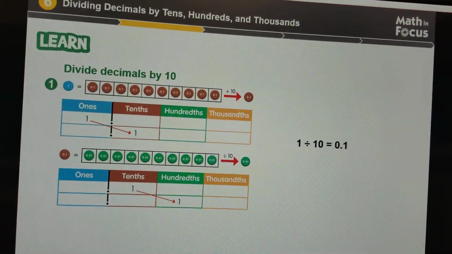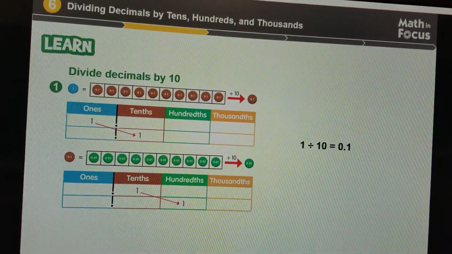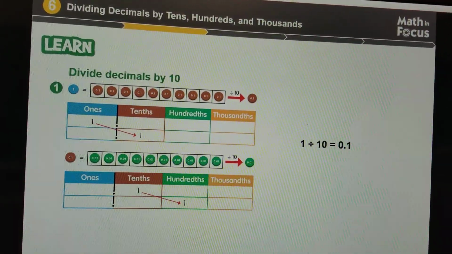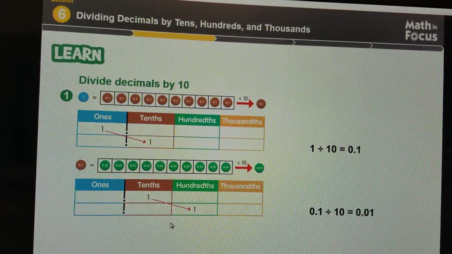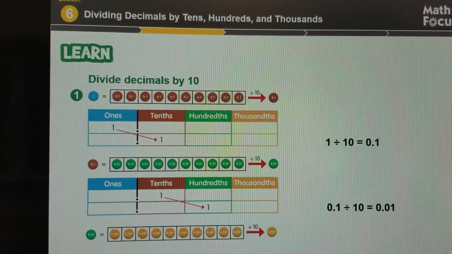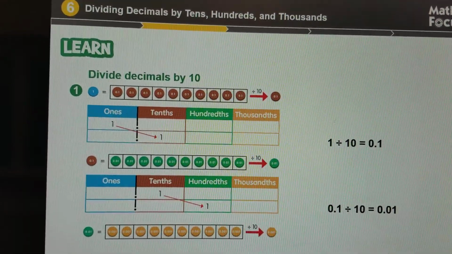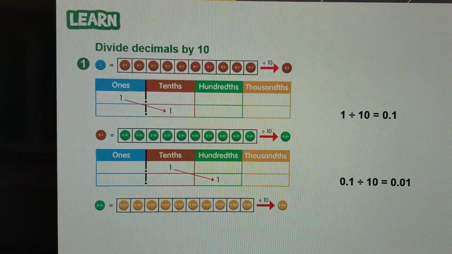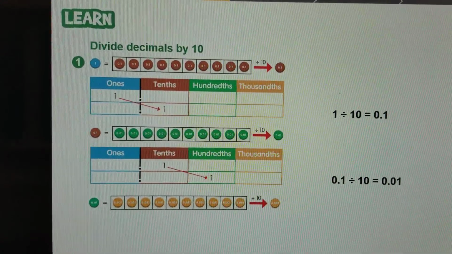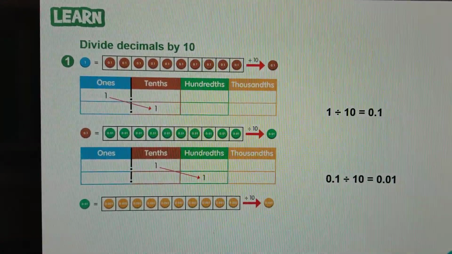If I have a tenth divided by 10, I'll end up with a hundredth, a penny. If I have a hundredth divided by 10, I'll end up with a thousandth, right? If I take a penny and break it up 10 times, I'll end up with a thousandth.